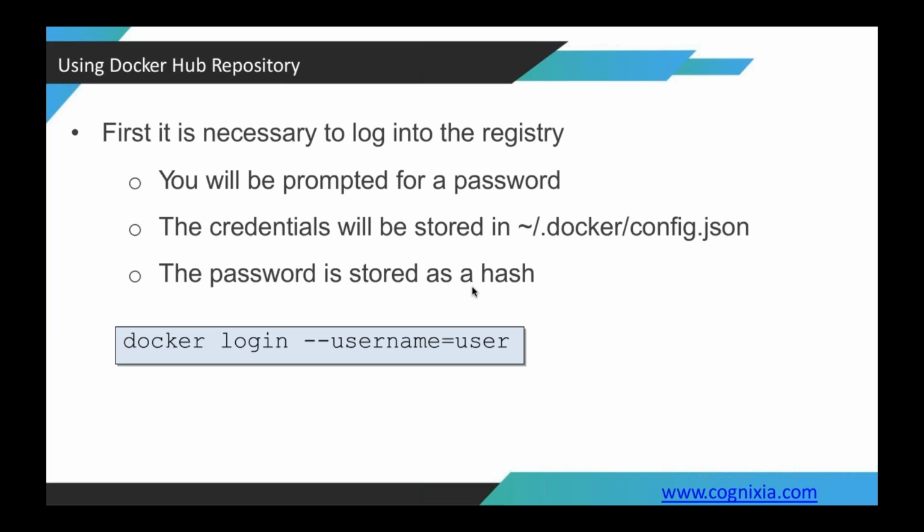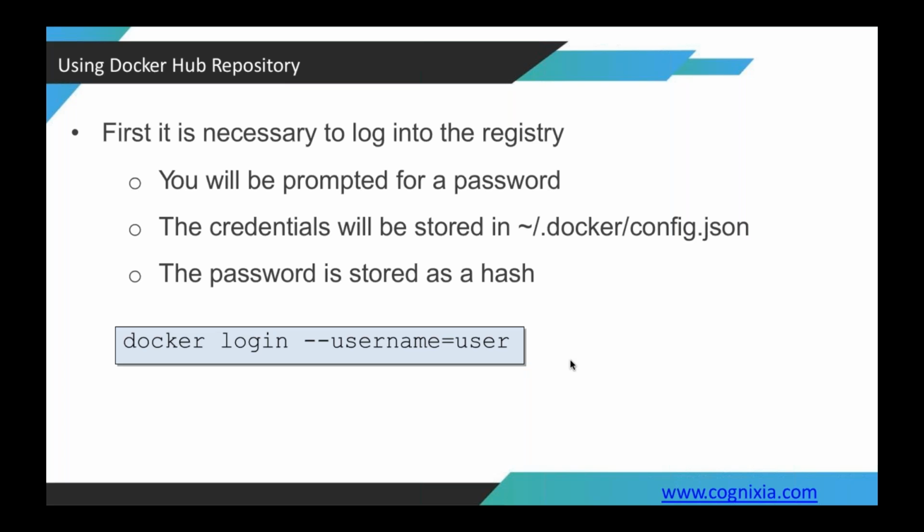All the credential information is stored inside the home directory of the user through which you are running your Docker containers. Inside that, Docker creates a hidden directory, .docker. Inside that, it creates a config.json where your credentials for the Docker Hub are stored in an encrypted way. So the password would be hashed.